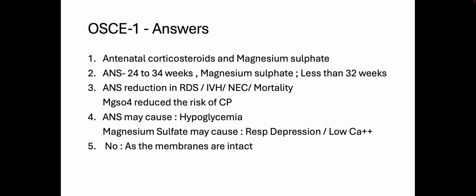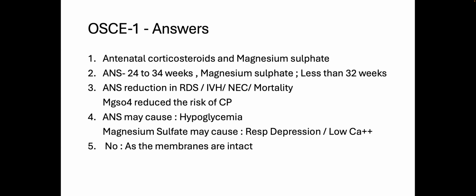These are standard operative guidelines as far as the Ministry of Health and Family Welfare 2014 is concerned, and that is what we follow in India. The antenatal steroid we give is dexamethasone. The second important antenatal intervention is magnesium sulfate, and this we give when the gestation is less than 32 weeks.